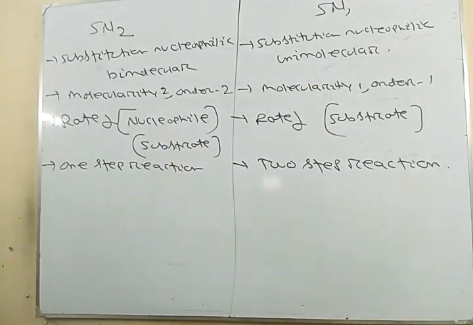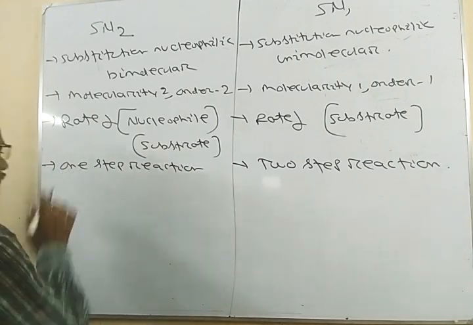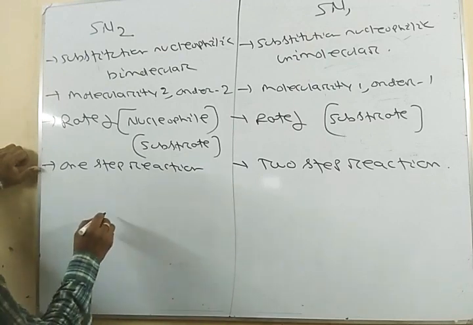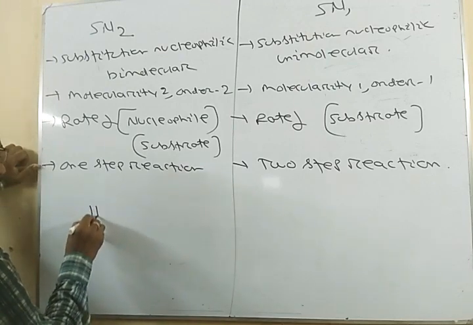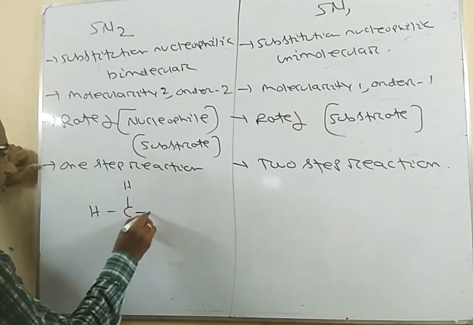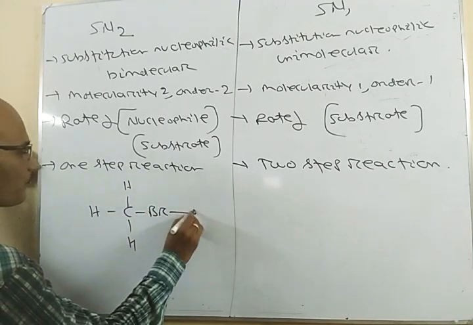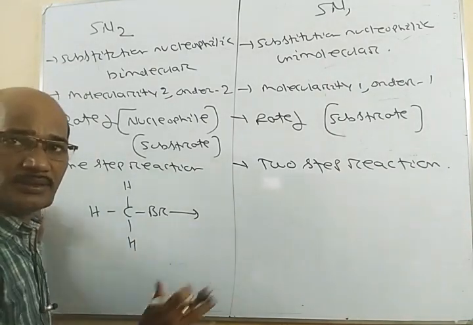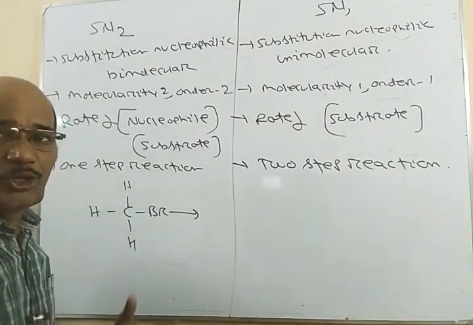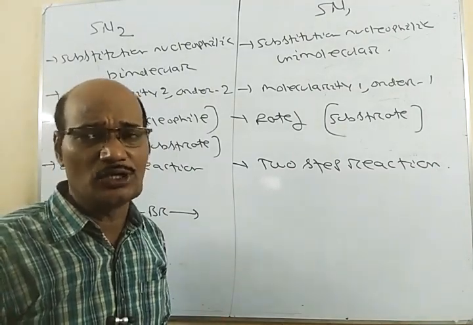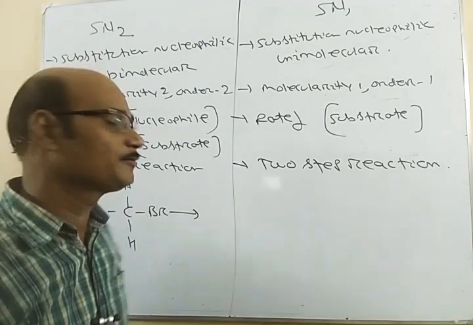Now you will see here, suppose I have H, C, H, H with Br, and I have the nucleophile, which is a negatively charged nucleophile or maybe neutral but containing an electron-deficient center.